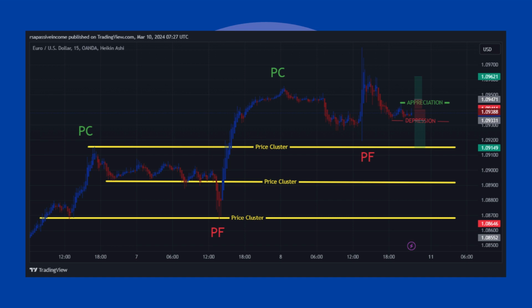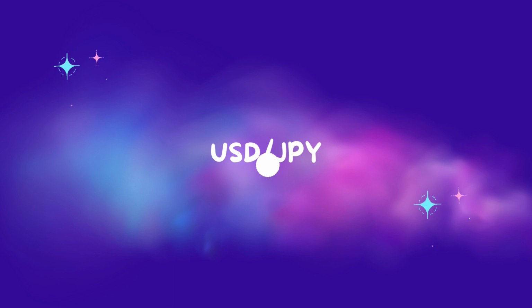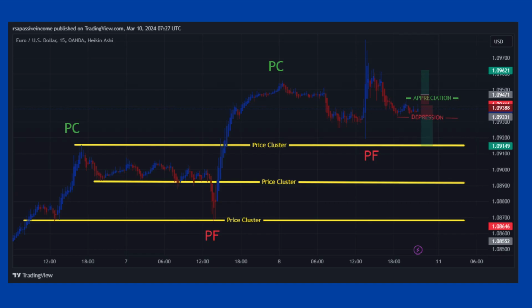All right, make this line of appreciation a bit straight and the line of depreciation a bit straight. So yeah, this is Euro USD, and moving on to the next pair, which is Euro Japanese yen.